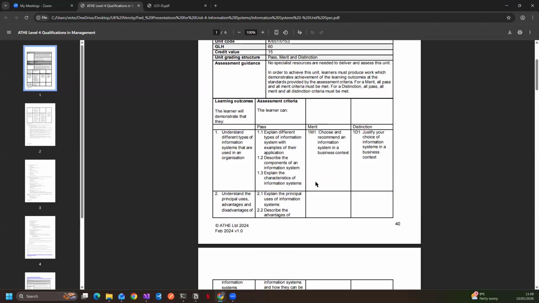In today's session, we will have a merit and a distinction task additionally to our learning outcome. Today we're going to understand the different types of information systems that are used in organizations.